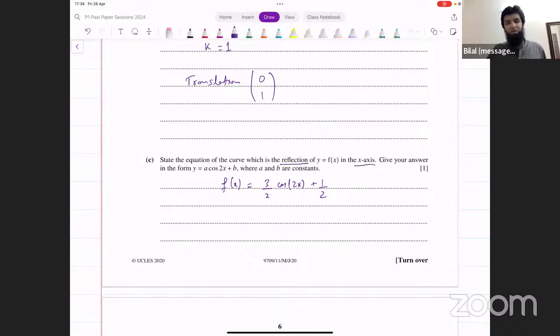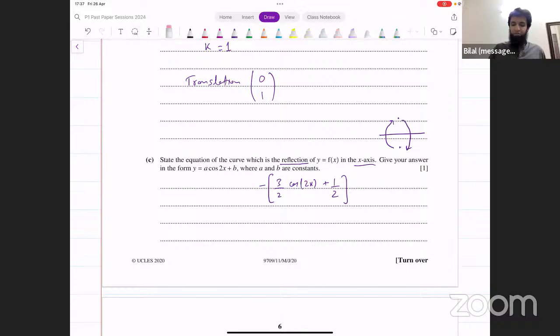What kind of transformation is that? Is that a vertical reflection or horizontal reflection? Reflection in the x-axis means any point that's above the x-axis goes below, and any point that's below the x-axis goes upwards. It's a vertical reflection. Vertical reflection means we're going to multiply by negative outside the function. So the whole function gets multiplied by -1. You get minus into this whole thing.